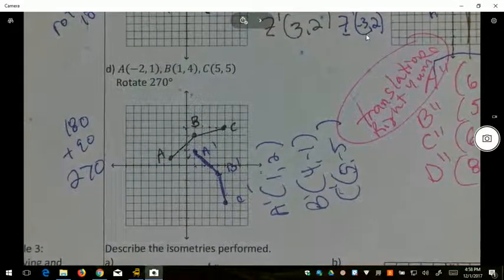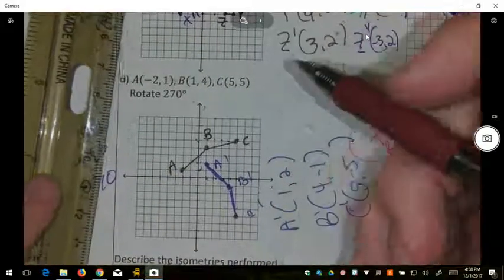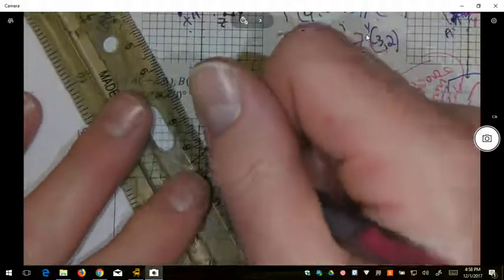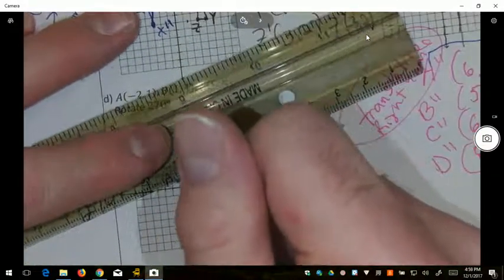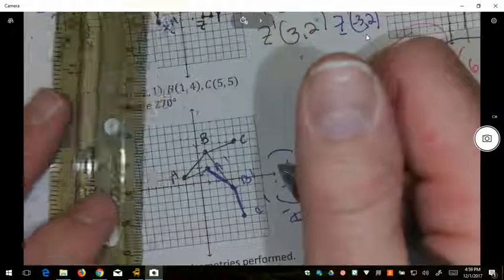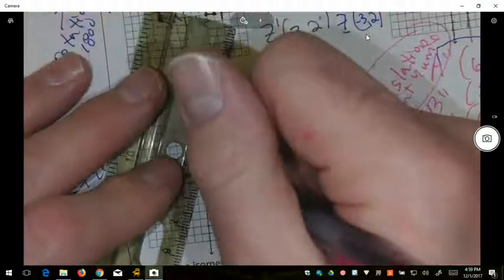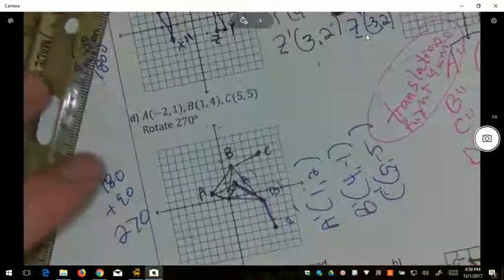Once again, if I were just looking at this picture, I could tell it was a rotation. For rotations, I can connect A to the origin and A to that, B to the origin and B to that, and these all look like right angles that I'm creating.